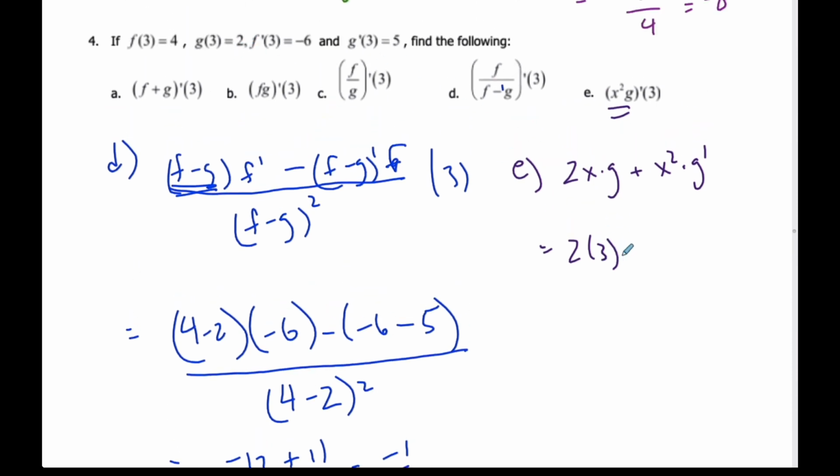G at 3 is 2. Plus, well, x is 3 squared times g prime is 5. So it's 6 times 2 is 12, plus 9 times 5 is 45. And so I end up with 57.